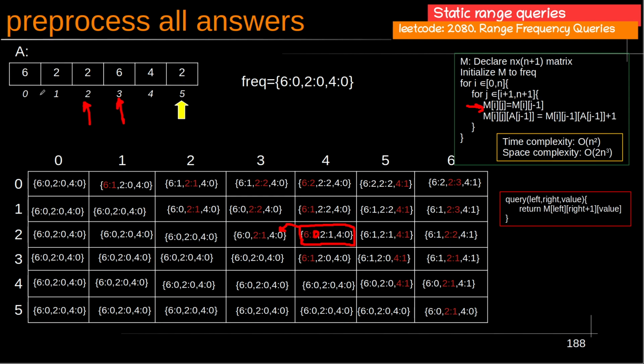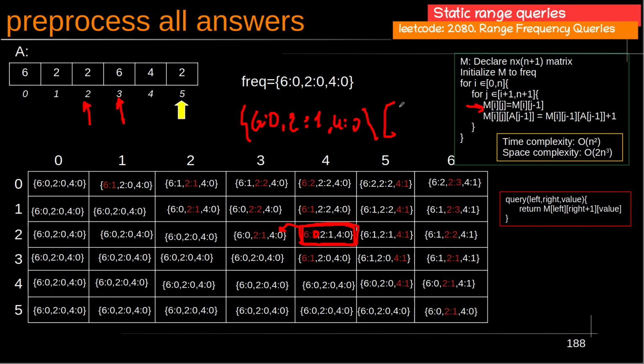First, from 2 to 3, we have here this dictionary or this map. It will take it like this. Let's write it here: 6 0 2 1 4 0.